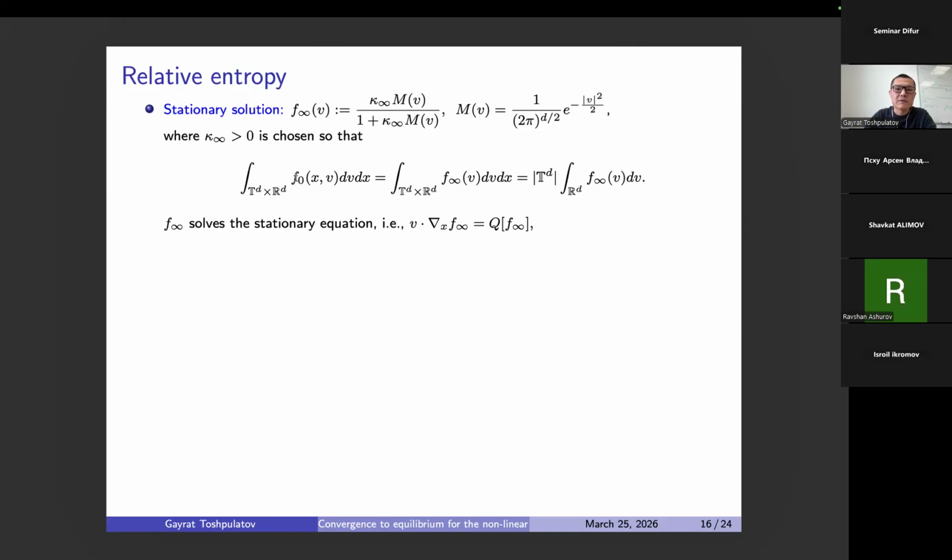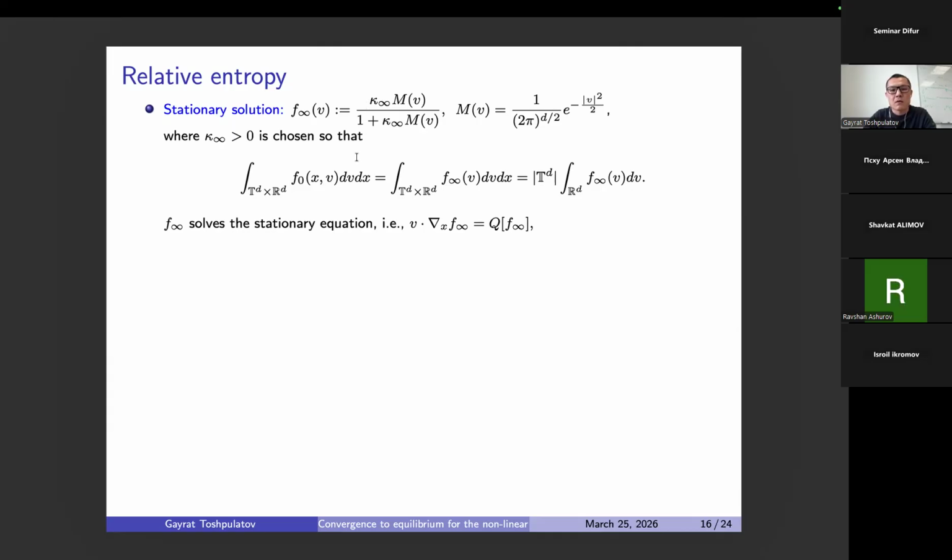And kappa infinity is a non-negative constant. It's chosen so that the mass of the initial data is equal to the mass of this f infinity. Since f infinity does not depend on x, it's just this integral, we don't have x, so we have just the volume of the torus.